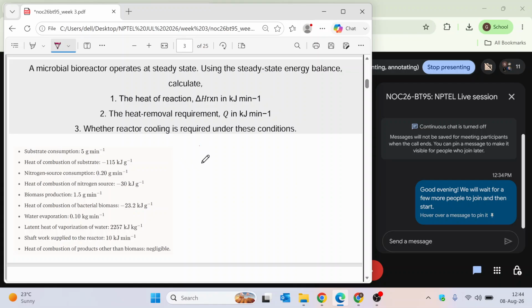I hope you all know the formula for the first one, which is the del heat of reaction. It is the sum of the heat of combustion values of the substrate into their mass, minus the total sum of the heat of combustion of the product into its mass.